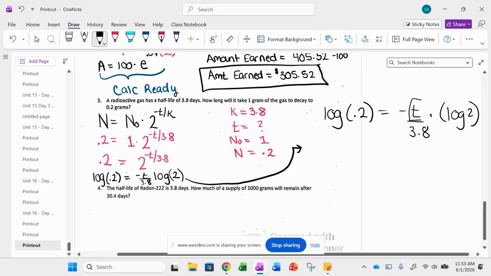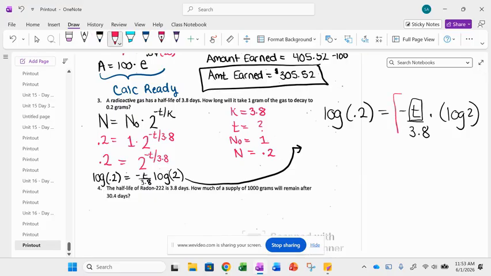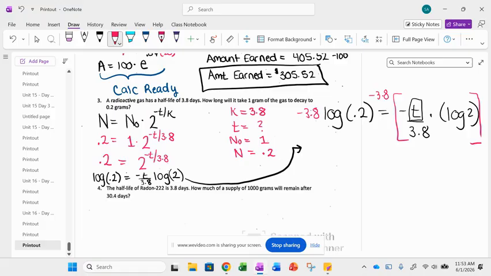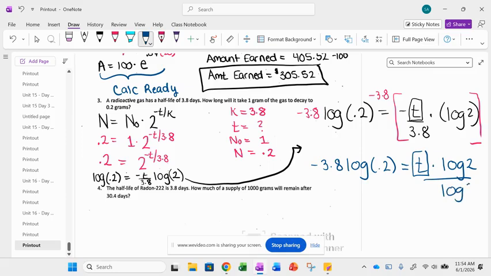I need to solve for T. So to start off with, I'm going to multiply by negative 3.8 on both sides. So now we have negative 3.8 times the log of 0.2 equals T times the log of 2. Now again, I still have to solve for T, so I'm going to divide by the log of 2.